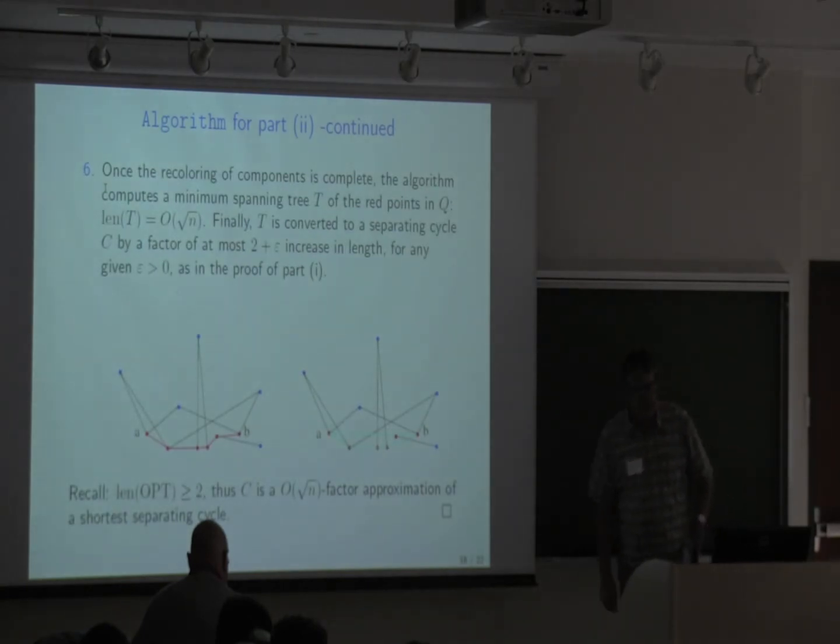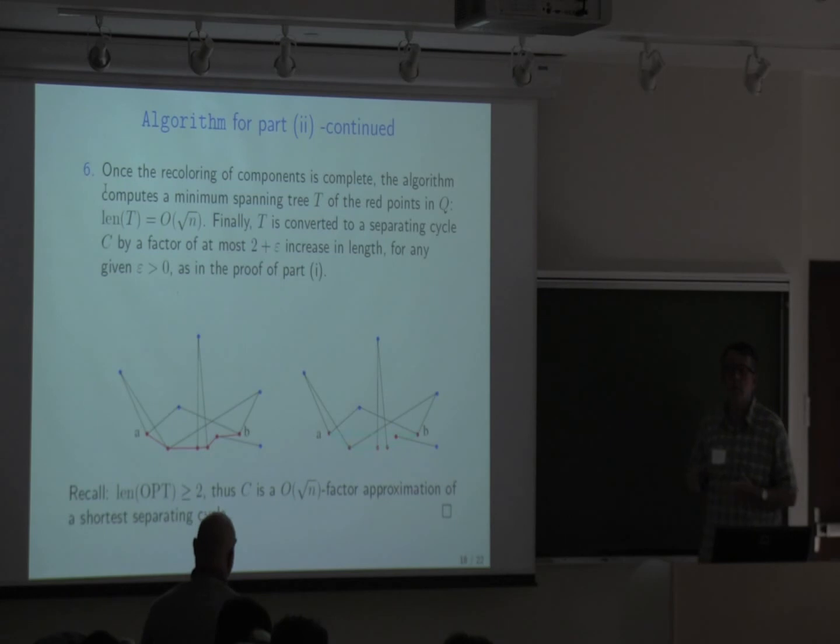And then you proceed as before, computing, let's say, a minimum spanning tree of the red points, and then convert it like we saw for the separating cycle. Yeah, so you'll get something like that. This would be, let's see, maybe the optimum or some example.